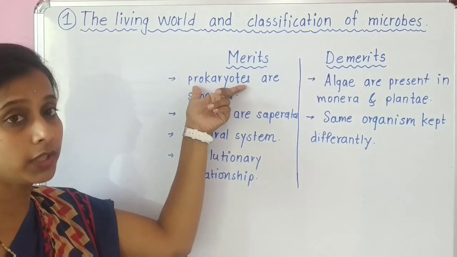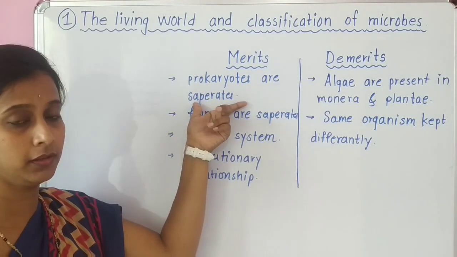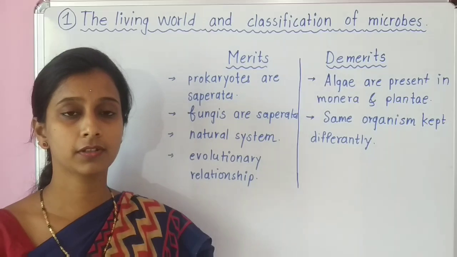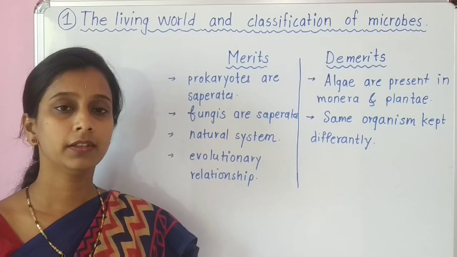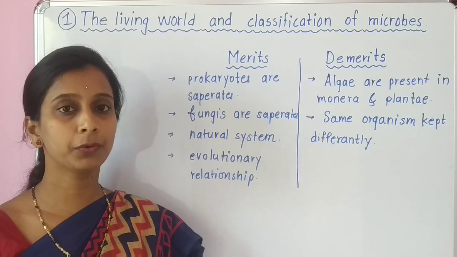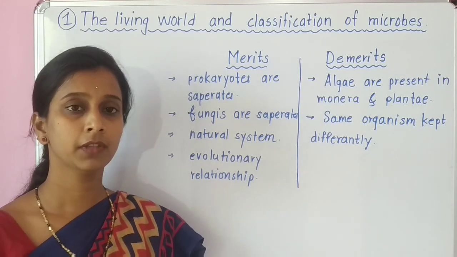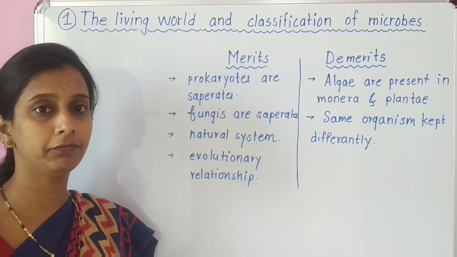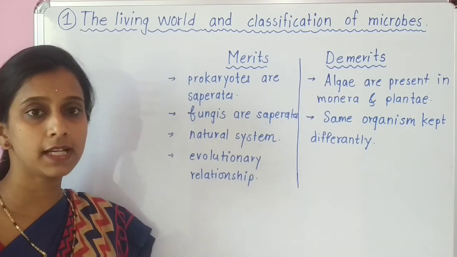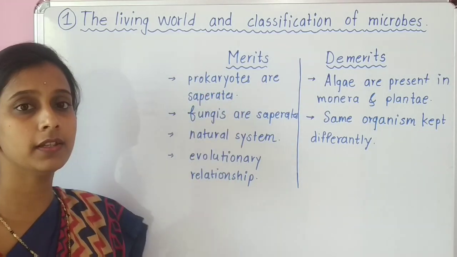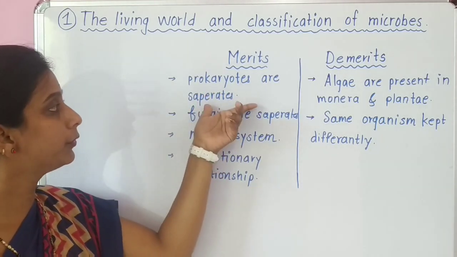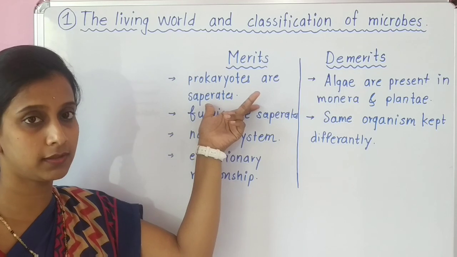First, prokaryotes are separate. We see prokaryotes in the first kingdom, that is kingdom Monera. There all organisms are prokaryotic, and their cells are not well defined. So studying the characteristics of such a group is very simple because they are separate in this system.